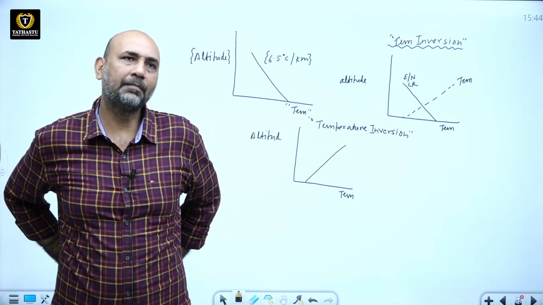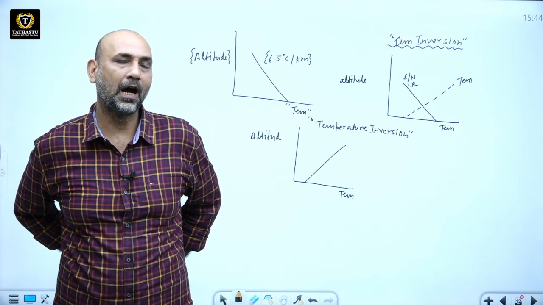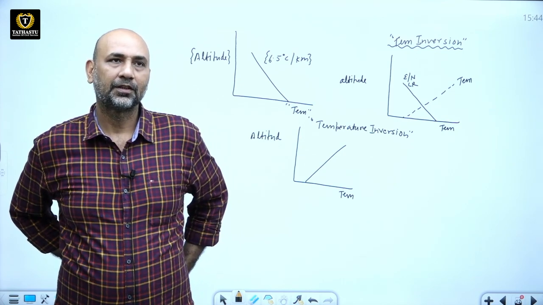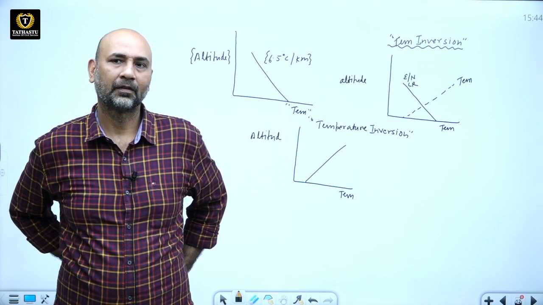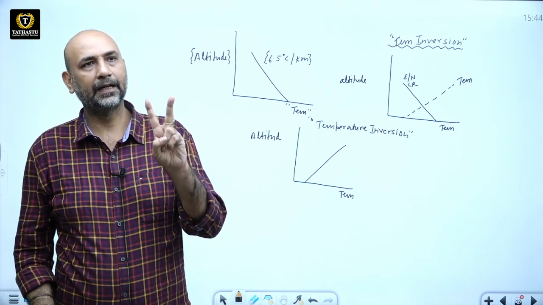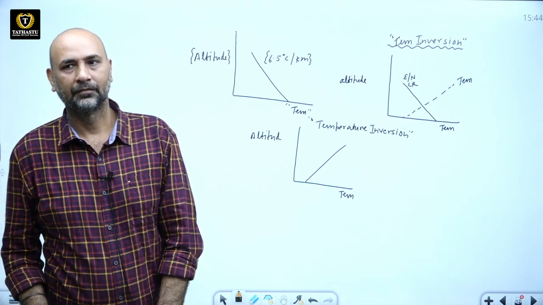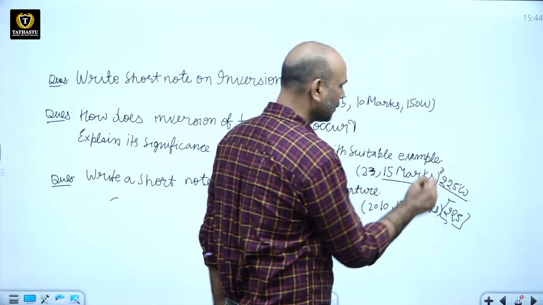Remember that there are multiple types of temperature inversion, but that is beyond the scope of our civil services examination. 6 to 7 types of temperature inversion are there. But most importantly, there are 2 types we need to write, because here the word limit is 250.